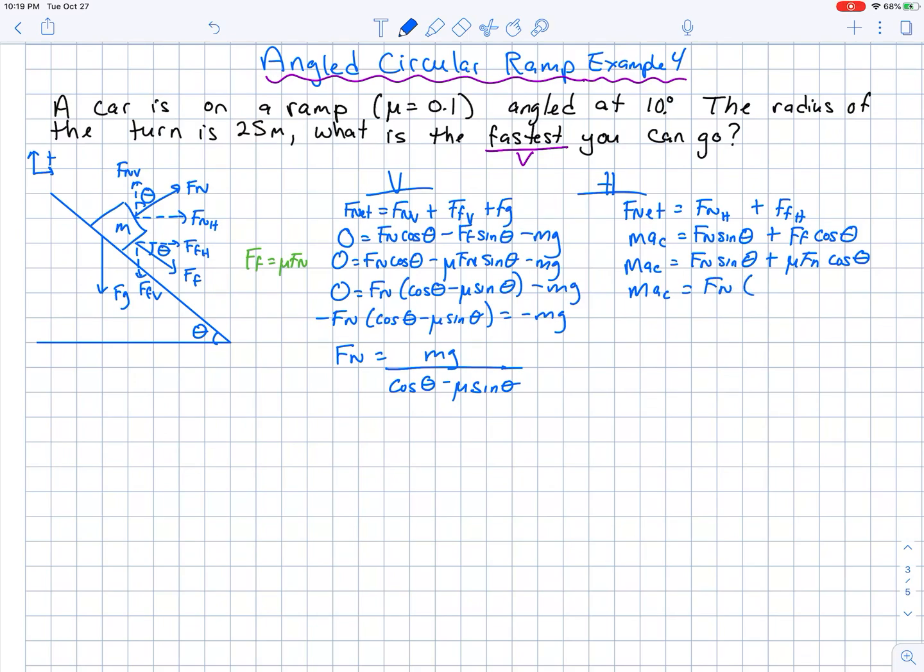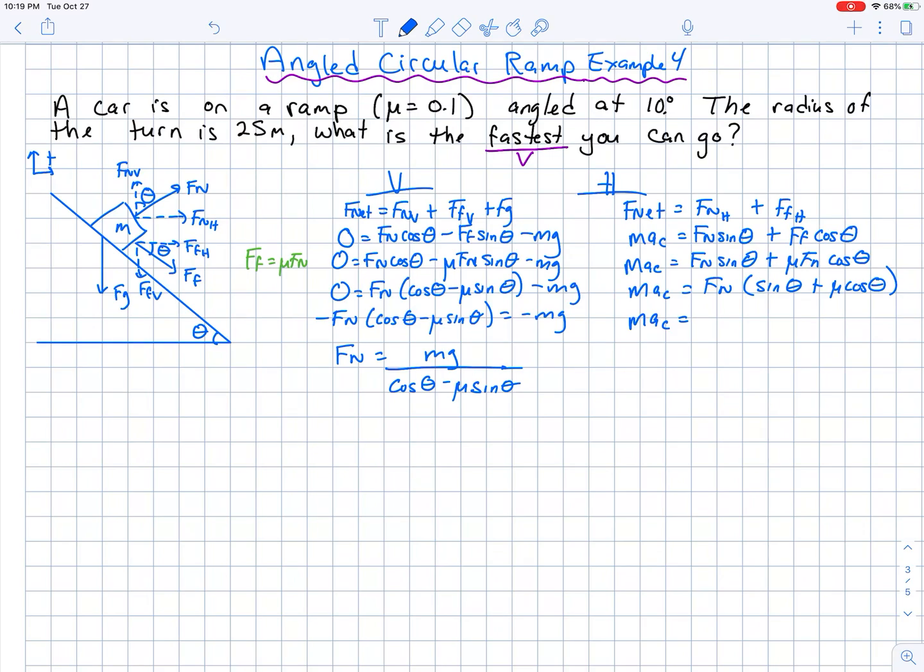And we're going to go ahead and factor out the normal force. So we get m a_c is equal to Fn times the sine of theta plus mu cosine of theta. So now at this point here, again, we're going to keep that left-hand side as it is.